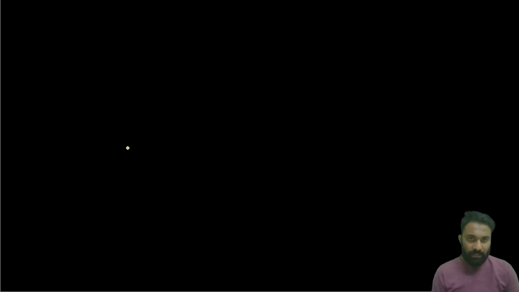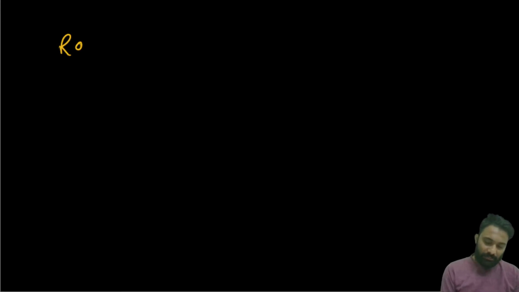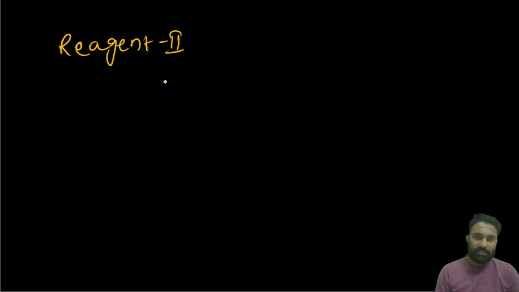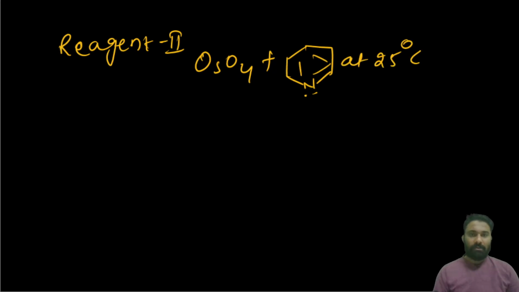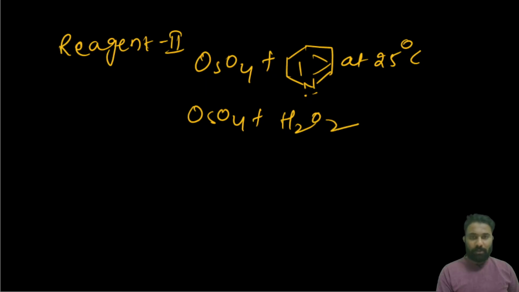Done. Next, reagent number 2. In that, reagent number 2 we have osmium tetroxide in the presence of pyridine at 25 degrees Celsius. Clear? No, osmium tetroxide in the presence of peroxide.